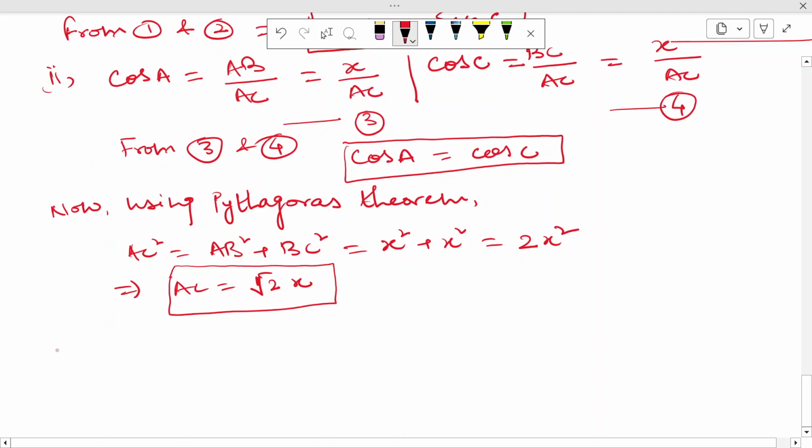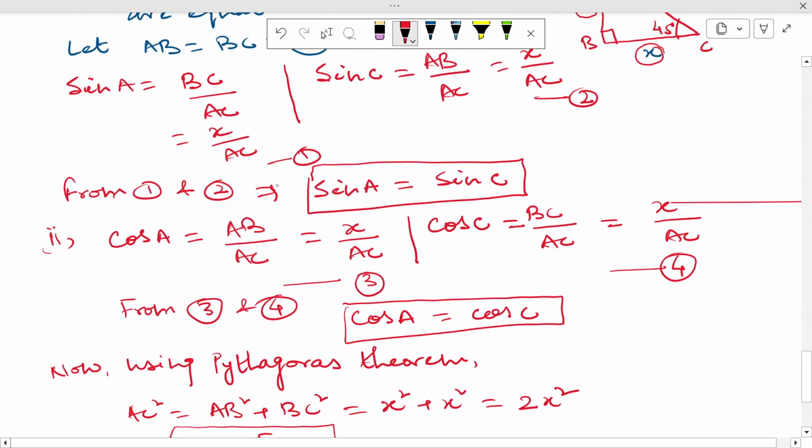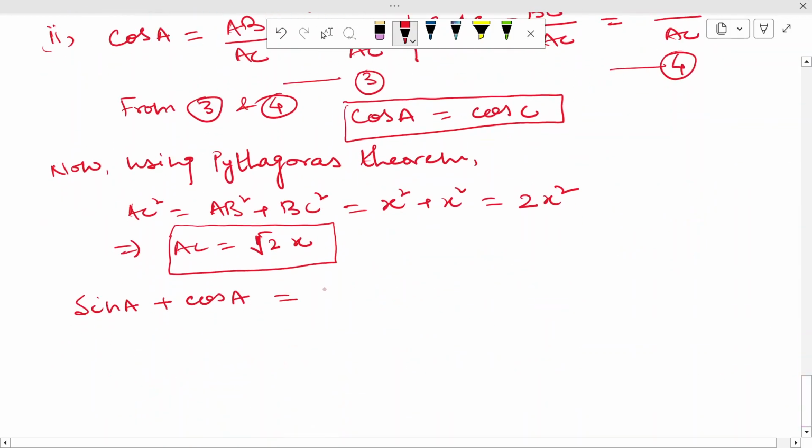So if you add sine of A plus cos of A, sine of A is x over AC, so that will be x over root 2x, plus cos of A is AB over AC, so that will be x over root 2x.